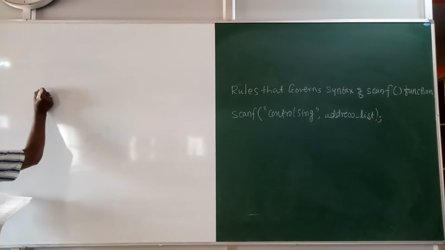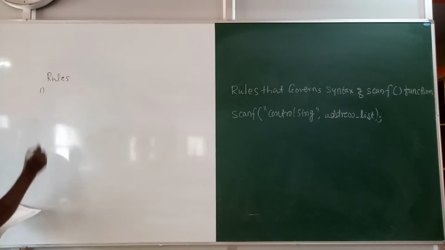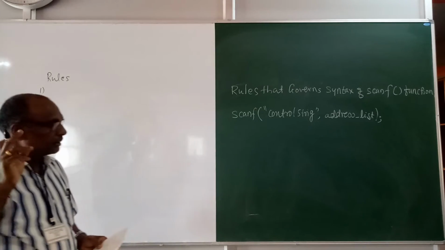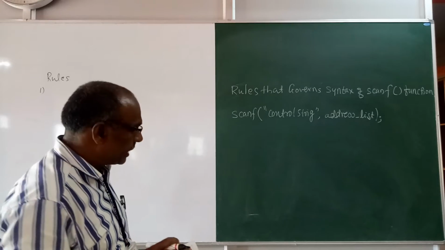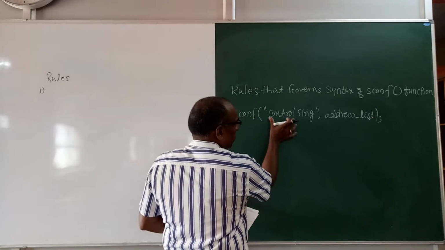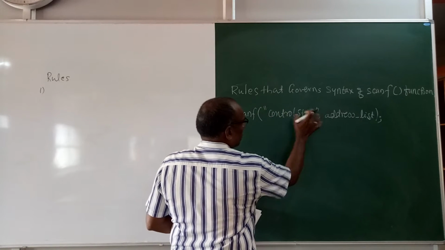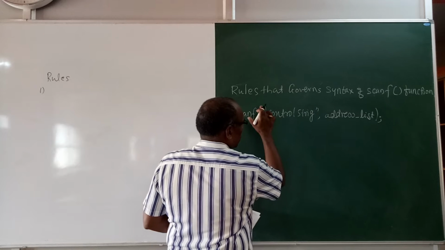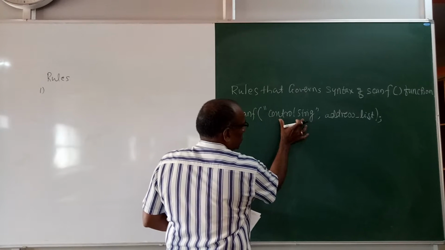The first rule: control string must be enclosed within a pair of double quotes. Look here, the control string within the pair of double quotes, that is this and this, in the parenthesis, is what is called the control string.